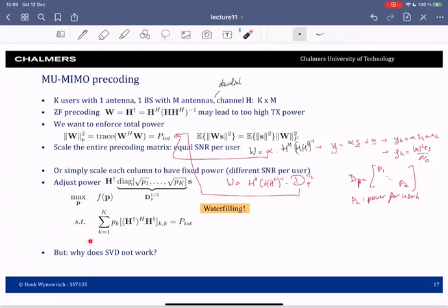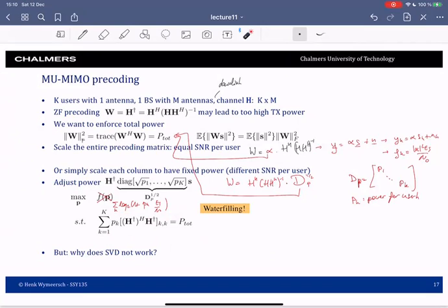And this then leads to a kind of optimization problem where we maximize over these power allocations some cost function, and this could be, for instance, the rate, for instance, sum over K of log2(1 plus pK Es over N naught). But it can be another objective function too, it's up to you, subject to the total power constraint. So we make sure that this is satisfied, and this is given by this expression.